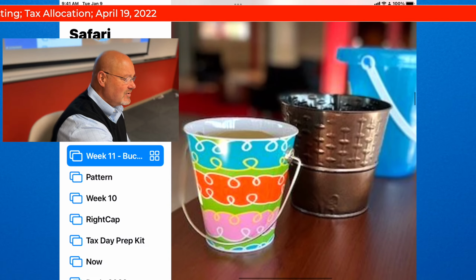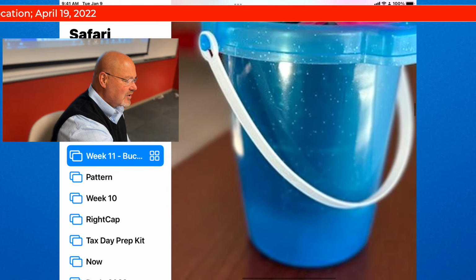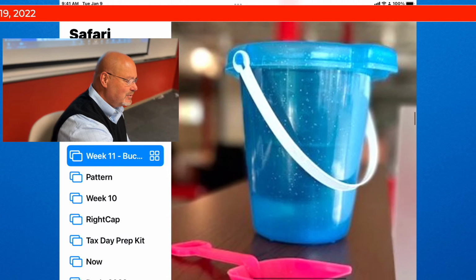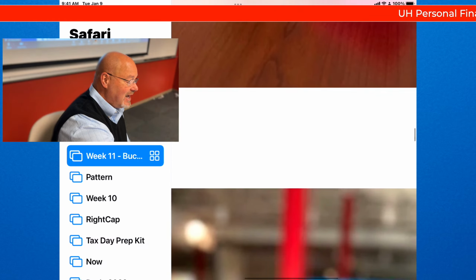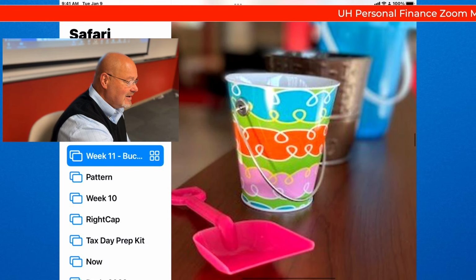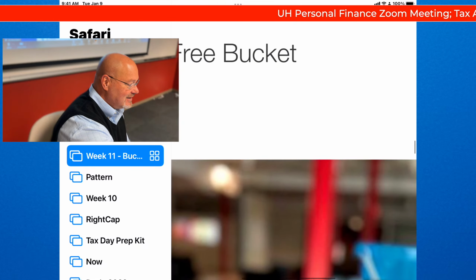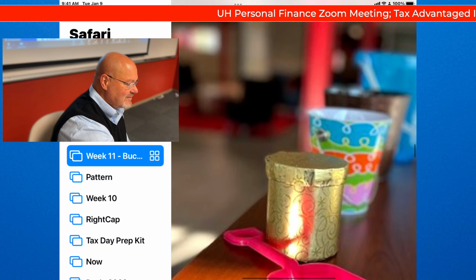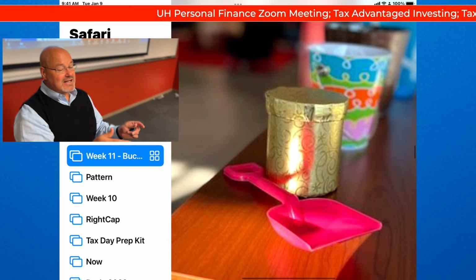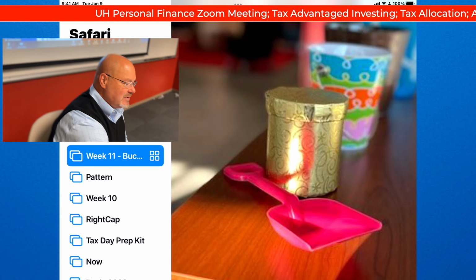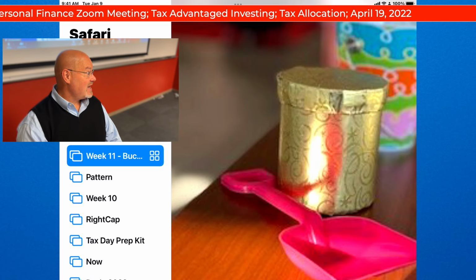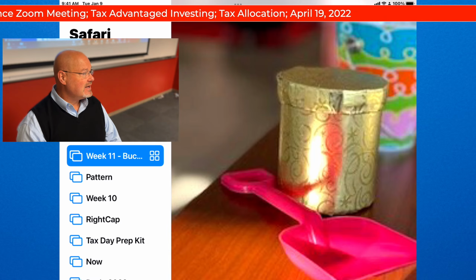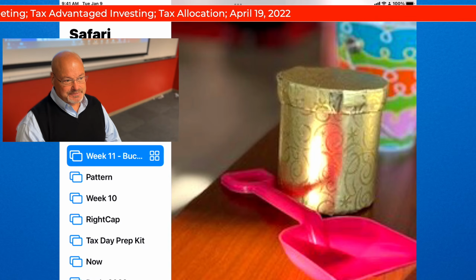Okay, let's go. We're looking for the gold bucket. So we talked about the big blue bucket, the taxable bucket, the 401k big brown metal bucket, the IRA, there's the shovel again. Here's the tax-free bucket. The reason it's gold is because it's tax-free. There's no other tax-free investment that I know of.